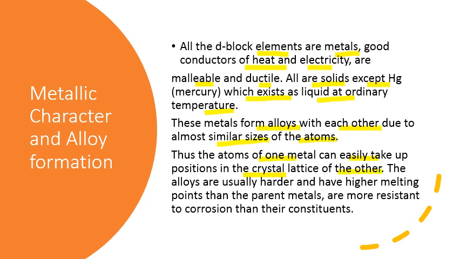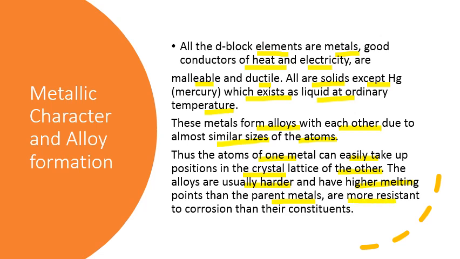And alloys are usually harder, having a higher melting point than the parent metals. If we talk about iron, steel is an alloy of iron with carbon. The carbon addition is there. So steel is harder than iron and has a higher melting point.